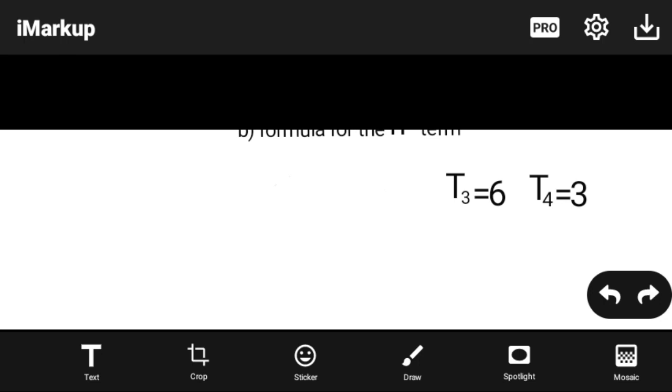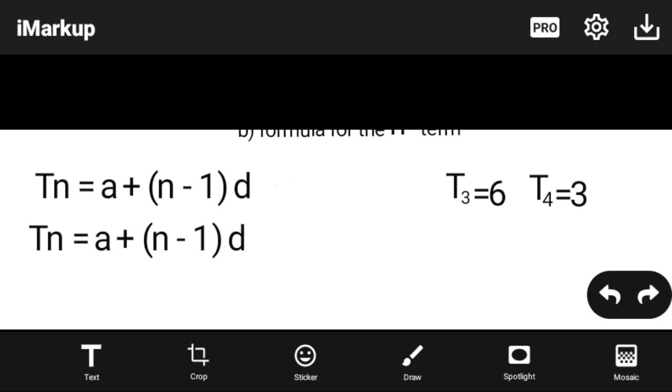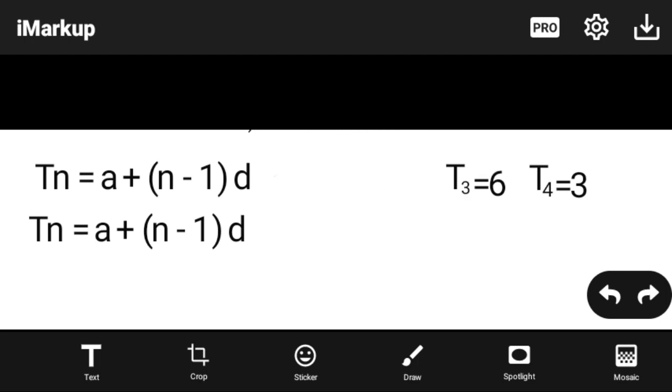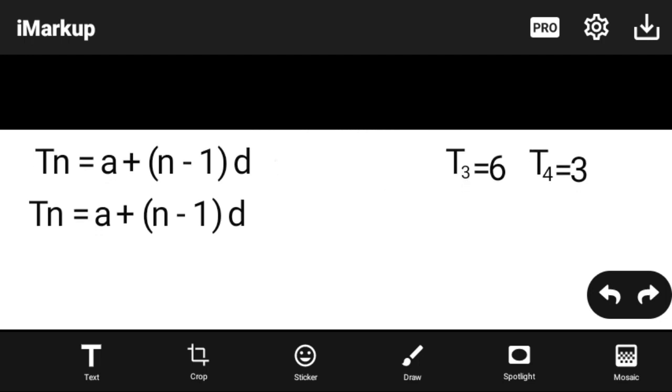Okay, so you say Tn is equal to a plus open bracket n minus 1 close bracket, then common difference there. Then again you write the same arithmetic equation below there, because the simultaneous equation needs to have two equations.